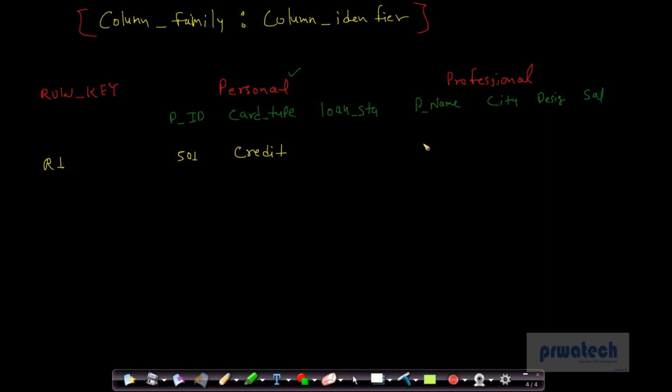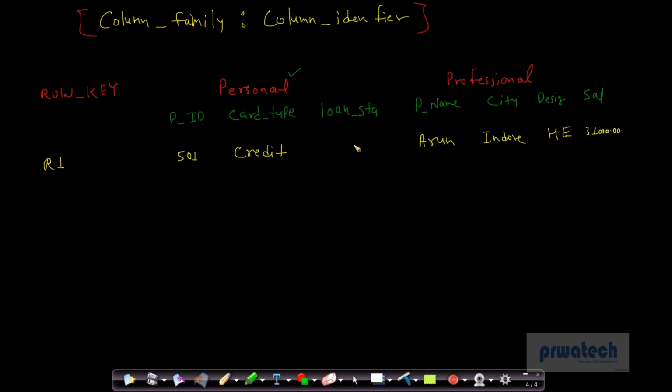Person name is Arun, city is Indore, designation is hardware engineer, salary is 31,000.